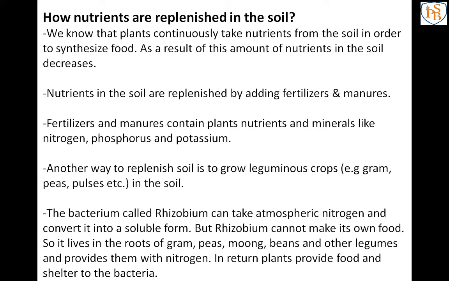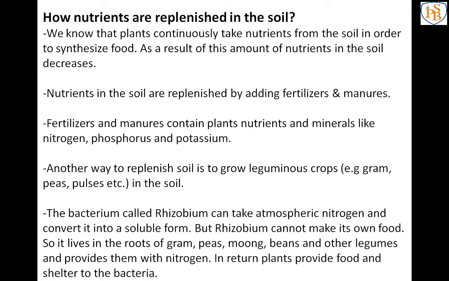Now what are the leguminous crops? We have learned that when plants are making food in the form of carbohydrate, like that they can make protein and fat also. But for making protein and fat, they require nitrogen, which is present in the air, but the plant cannot take that nitrogen as it is.